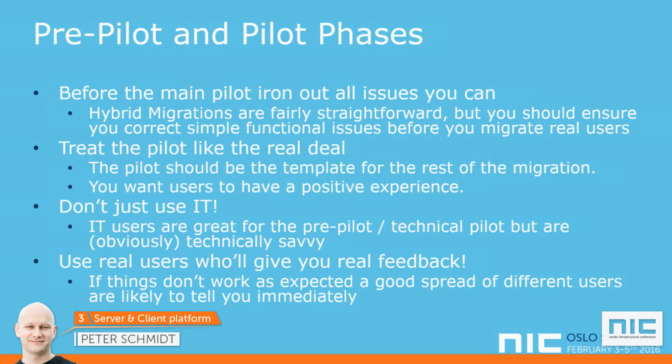Because there are changes in Outlook, there are changes in the way people need to connect their phones and so on. So with this process of moving everything to Office 365, even though the hybrid configuration wizard makes it seem easy, there is a lot that needs to be communicated to the users.